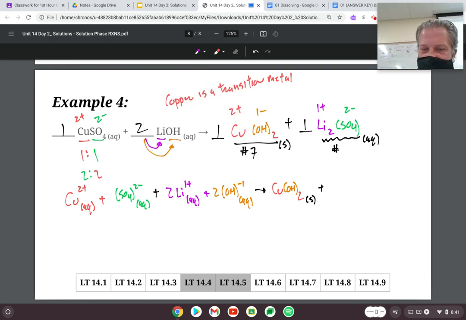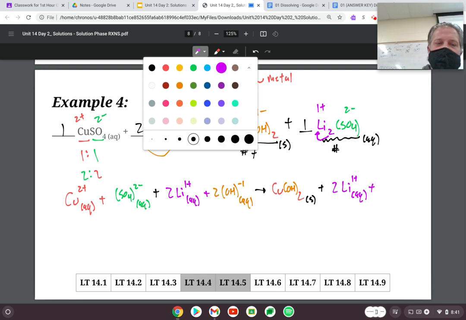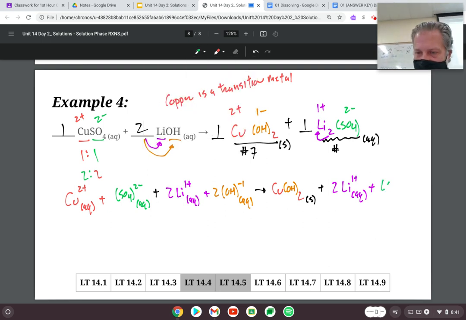Now, I see that there's a subscript of 2, so that tells me that I have 2 lithiums. So I have to apply that here. So 2 lithiums, +1, which are aqueous, and the sulfate, which is -2 or 2-, which is also aqueous.